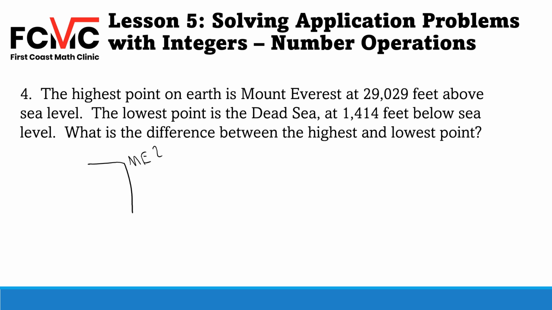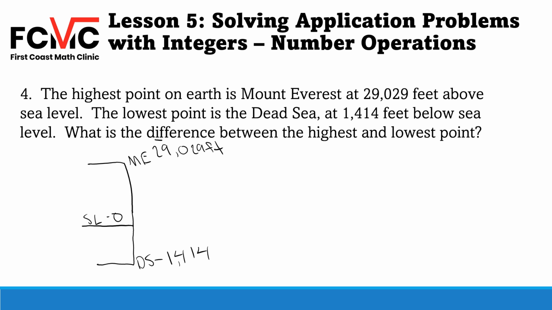Here, that's 29,029 feet. Sea level is going to be right here, and that's going to be 0. And then the lowest point right here is going to be the Dead Sea, and that's going to be negative 1,414 feet because it's below sea level, it's below 0.